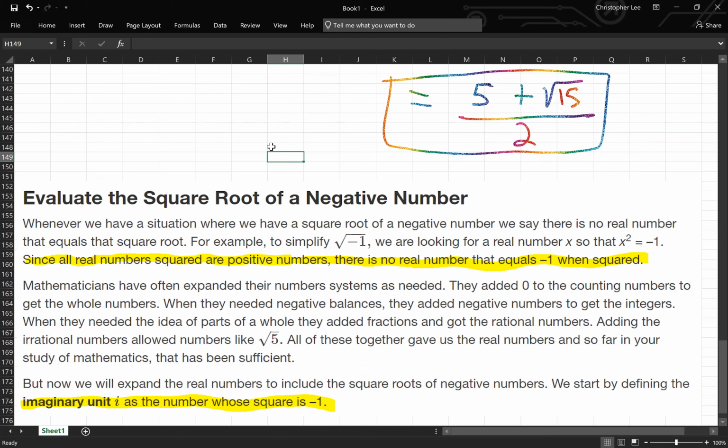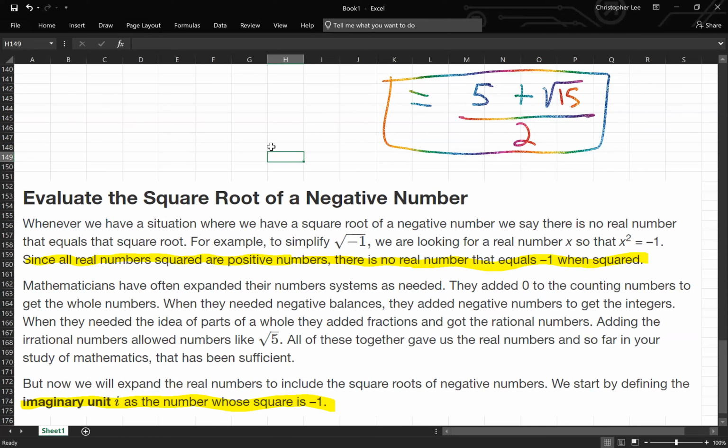Whenever we have a square root of a negative number, we say that there is no real number that equals that square root. So to simplify the square root of -1, we are looking for a real number x so that x squared is equal to -1. Since all real numbers squared are positive numbers, there is no real number that equals -1 when squared.